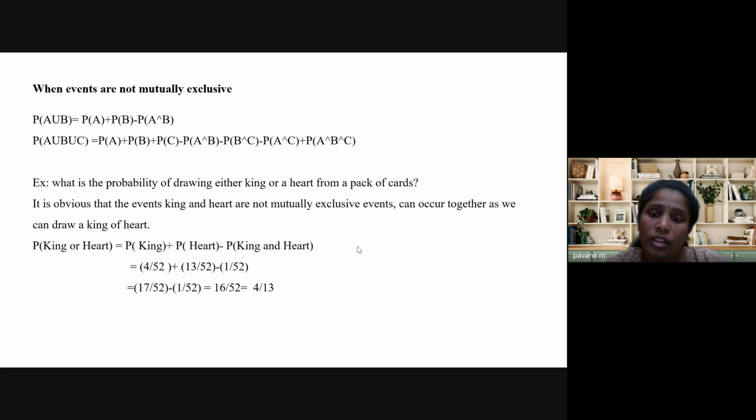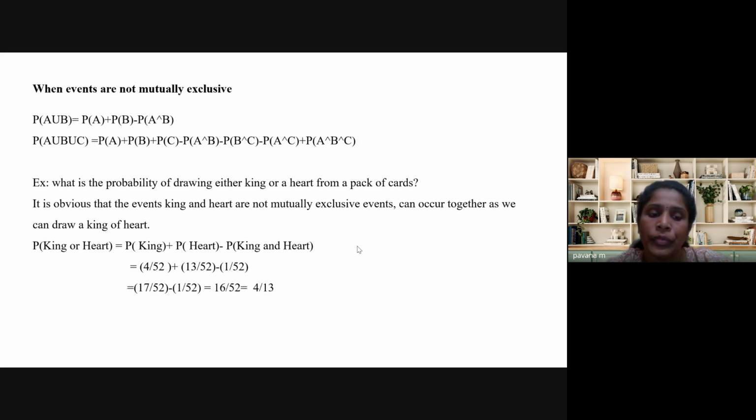In this situation, you have to use this formula: P of A union B is equal to P of A plus P of B minus P of A intersection B. Here A means king and B means heart. So P of king or heart is equal to P of king plus P of heart minus P of king and heart.